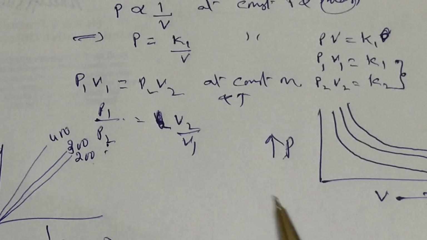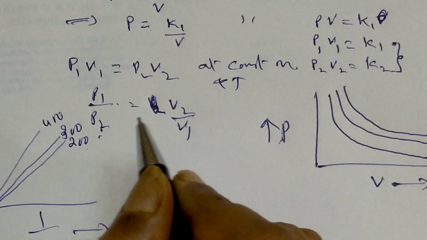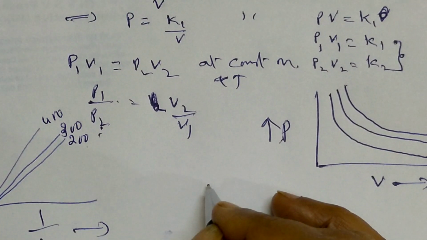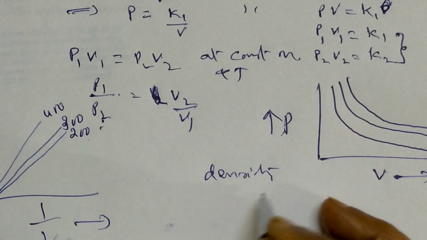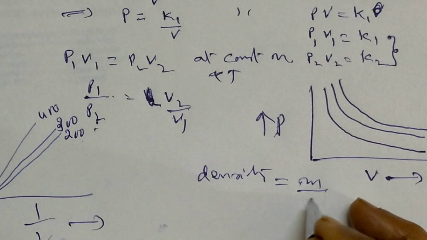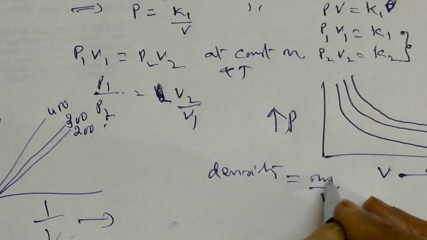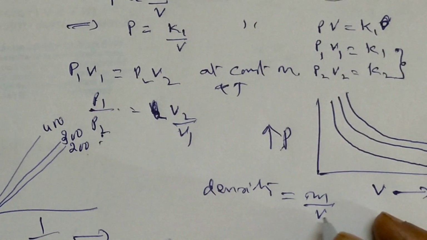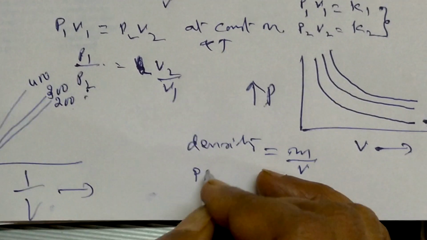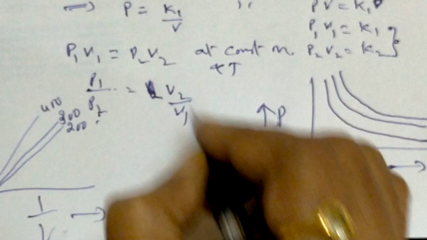In this itself we can also bring in D, meaning density. We know density equals mass by volume. PV equals what we have written as K1.